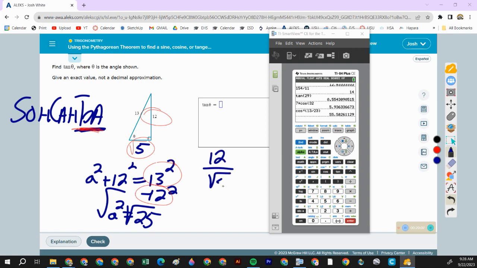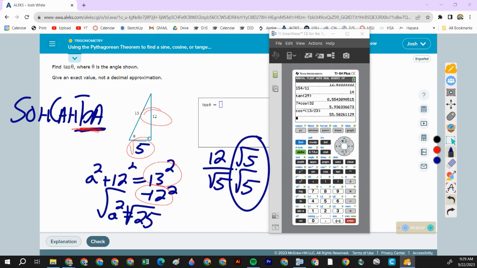What if it was 12 over root 5? I'm not allowed to leave it in this form because I have a radical in the denominator. So I have to times the bottom by itself, but that's going to change the fraction. So if I times the top by itself, what is this number really? It's just 1. Can I multiply 12 over root 5 by 1 without altering its value?